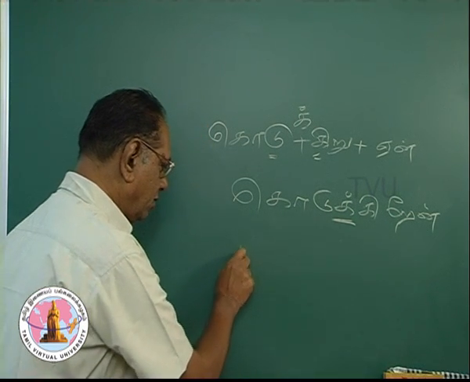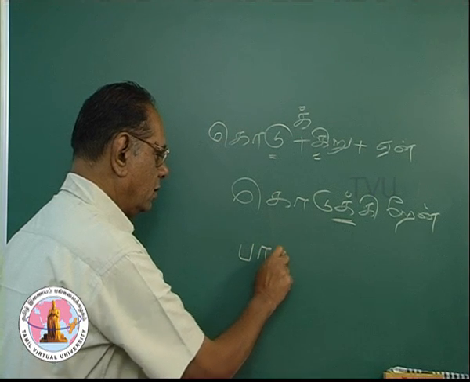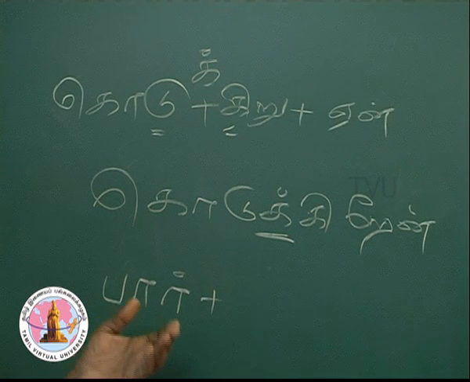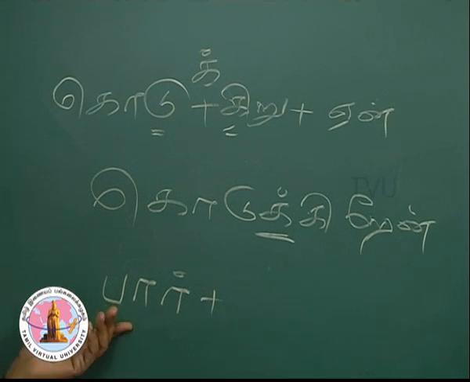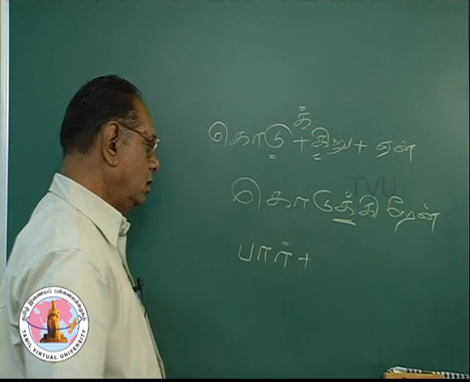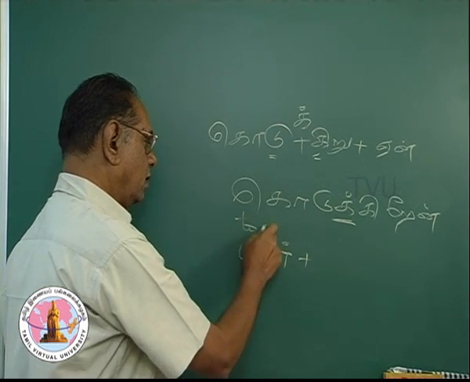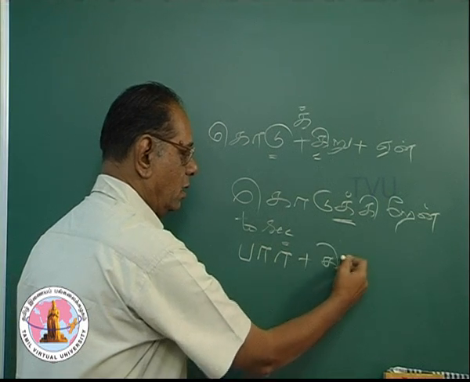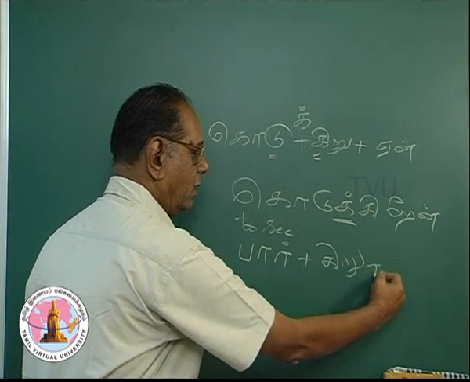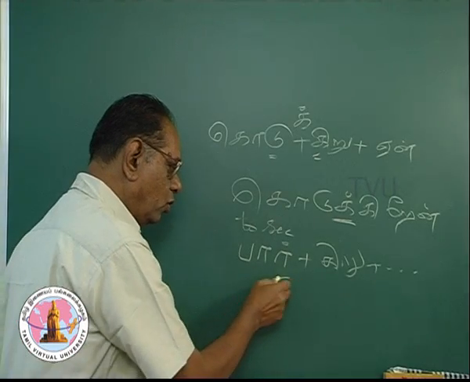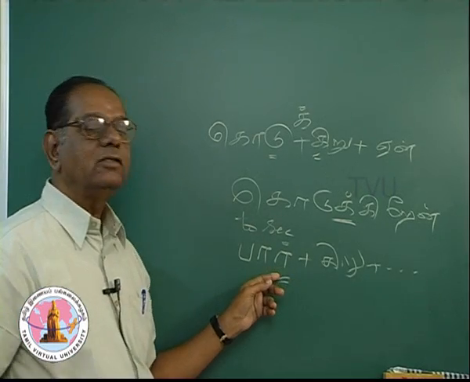Let us have another verb. What is this? Par. Par is to see. You have the same tense marker, etc. Here also, this is a medial sound.